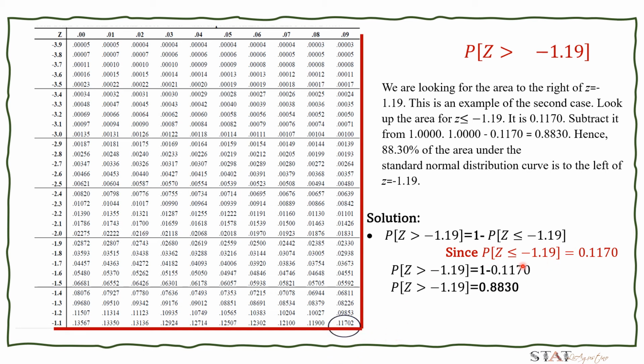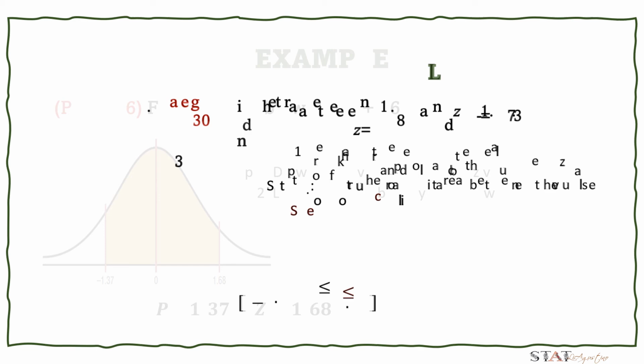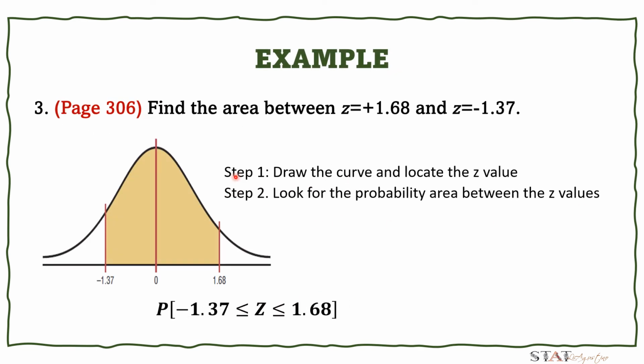Recall the probability of z less than or equal to negative 1.19, rather. So let's have another example, finding the area between two values. Z is between 1.68 and another z value, negative 1.37. So draw the curve and locate the z value. So we have here between negative 1.37 and 1.68.